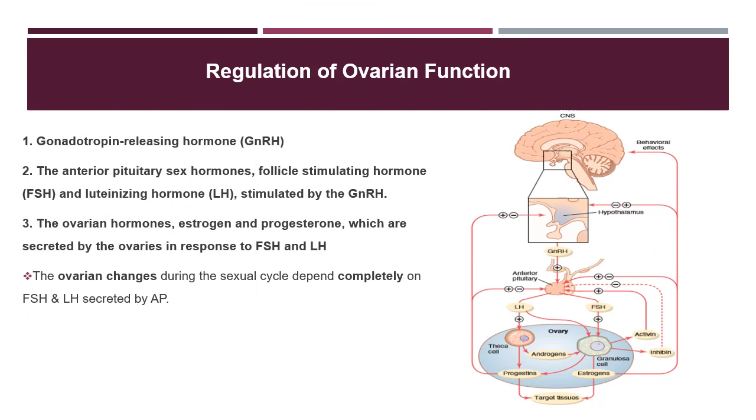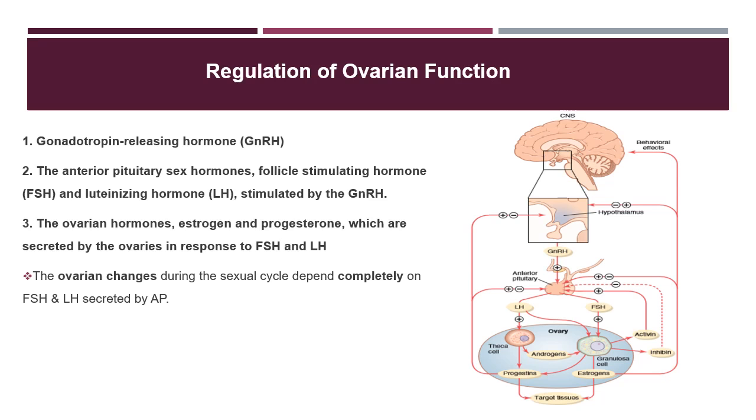About the regulation of ovarian function. How is the ovarian function regulated? There are three hierarchies of hormonal systems that regulate the ovarian function, similar to what we have seen in the male reproductive system.